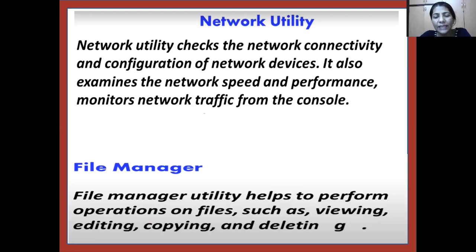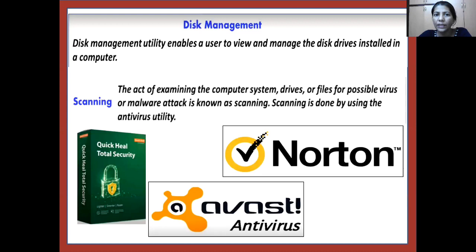Fine. Now the second utility software is file manager. We do many tasks on files or folders. We delete, we see, we create, we copy, we move the files and folders. All these things we do with the help of the file manager utility software only. Now the next utility software is disk management.